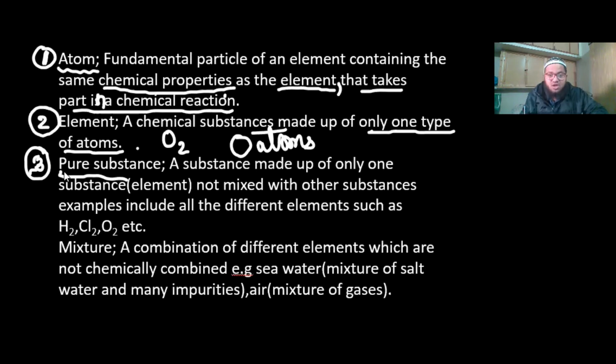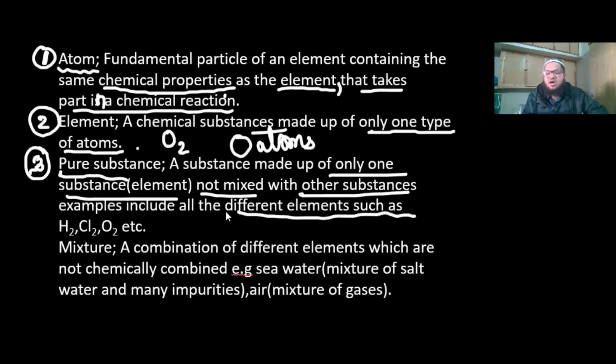In chemistry, a pure substance is a substance made up of only one type of element, which is not mixed with other substances or other elements. The examples include all the elements that exist around us. All the elements are pure.